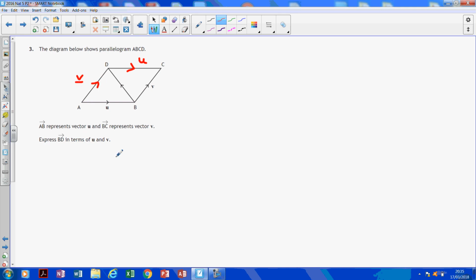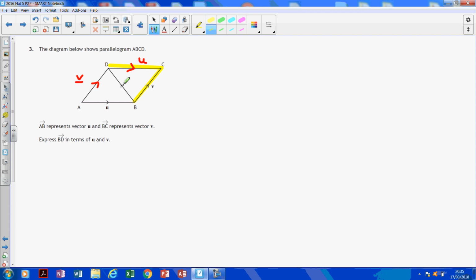Now, we're asked to express B to D in terms of U and V. Right, so if we want to go from B to D, we want to find a route where we can take one of the paths that is already marked with a vector. So from B to D, I can't go that way because I don't know what that vector is, but I could go from there to there and then across to there.